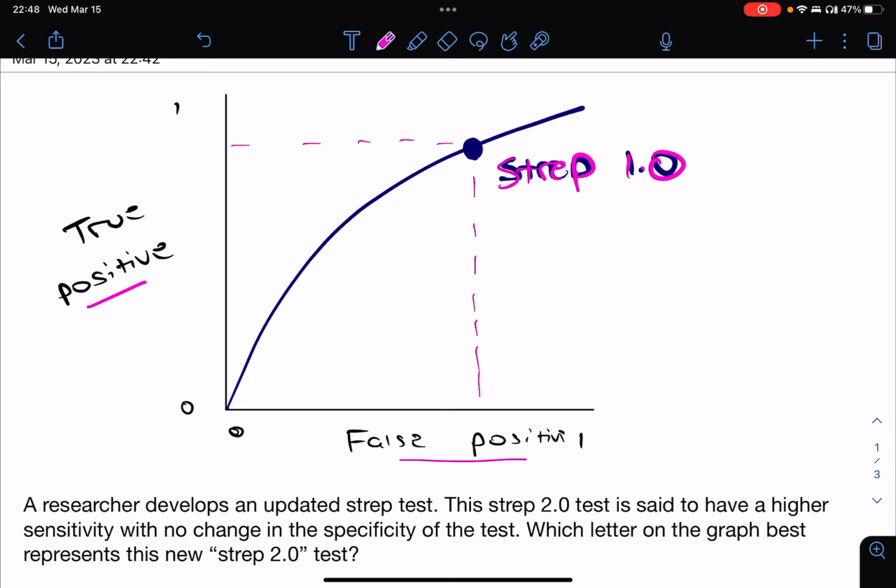And so let's say a researcher develops an updated strep test. We're going to call this strep 2.0. So let's say strep 2.0 is said to have a higher sensitivity with no change in the specificity of the test.